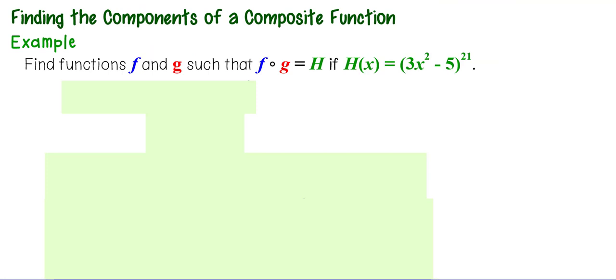Alright, so finding the components of a composite function. So this time we're going the opposite direction. We already know what the composite function is, but we want to find the components that make it up.